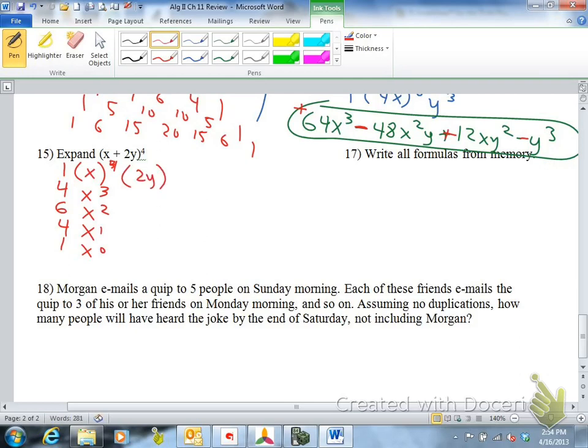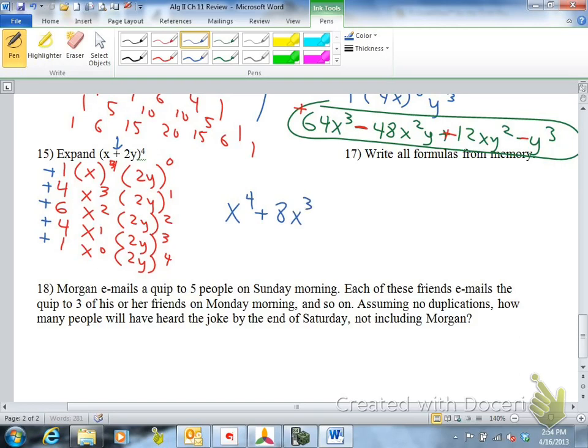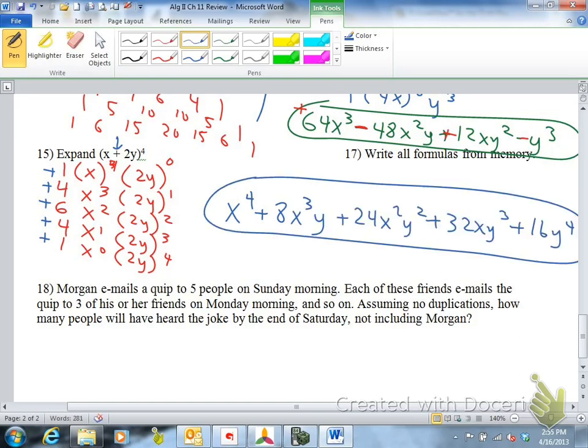Put parentheses around the 2y since you have a number and a variable: 2y, 2y, 2y, 2y, and you ascend. You don't have to alternate signs because you have a plus, so all these are going to be positives. So the final answer you would get is x to the 4th plus 8x cubed y, and the rest.